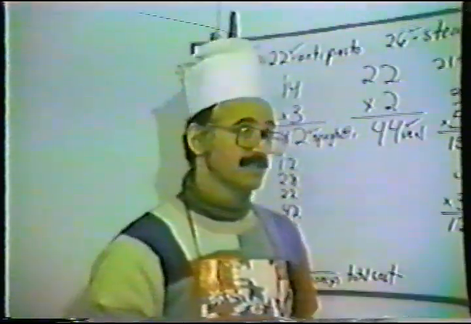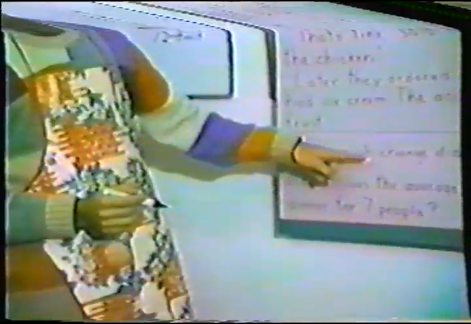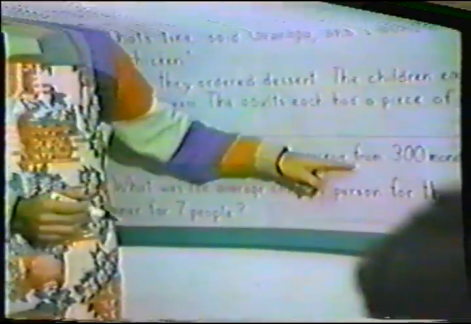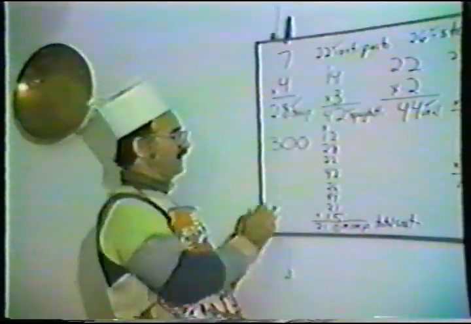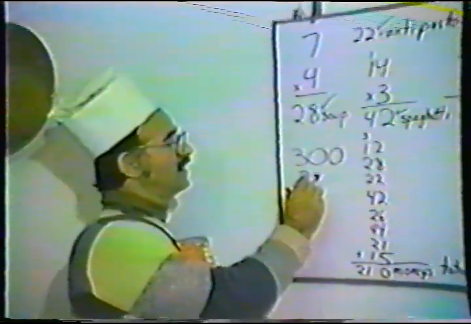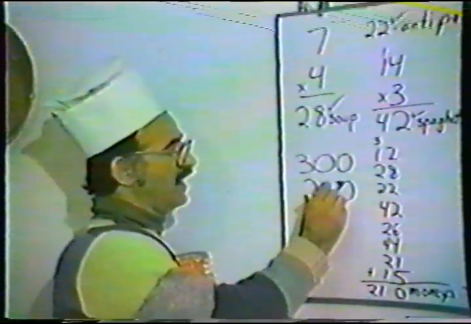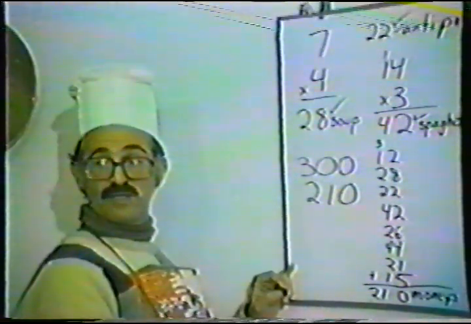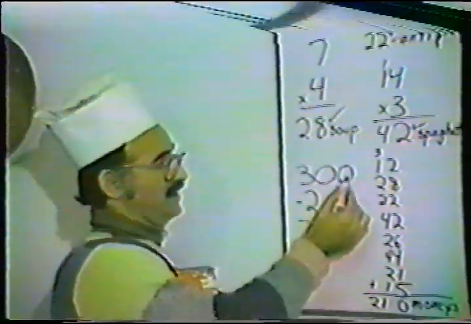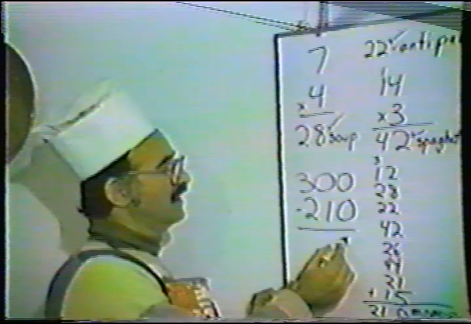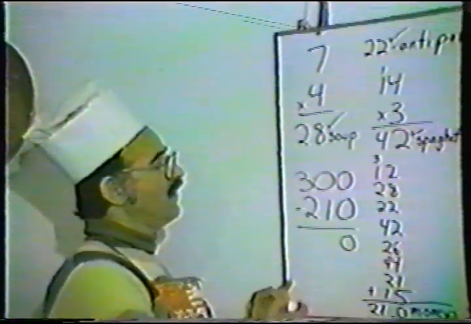Well, the question said, how much change did they receive from 300 monies? 300 monies is what they gave to pay for something that cost 210. What do I do with those two numbers? Subtract. 0 take away 0 is? 0. 0 take away 1?